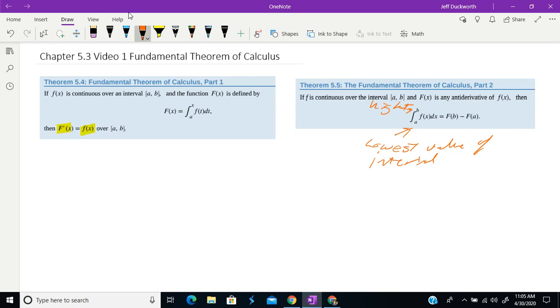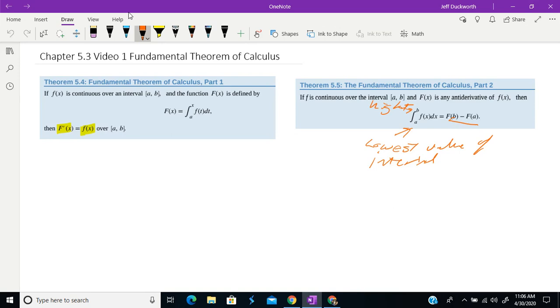And this notation here you should recognize. So capital F of b means the antiderivative evaluated at b minus the antiderivative evaluated at a. And what this is really giving us is the area underneath the curve using the x value. So how much area we have underneath the curve with respect to the x-axis.